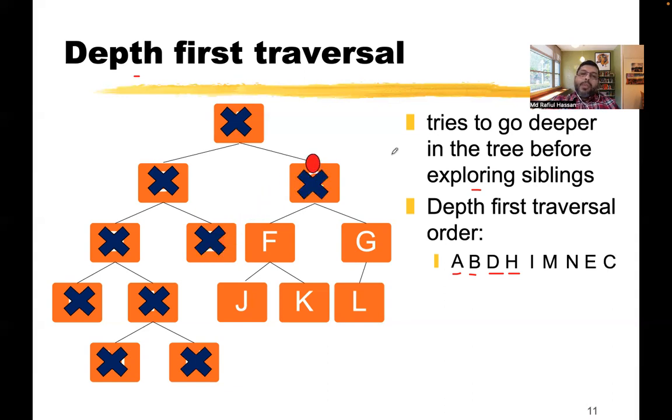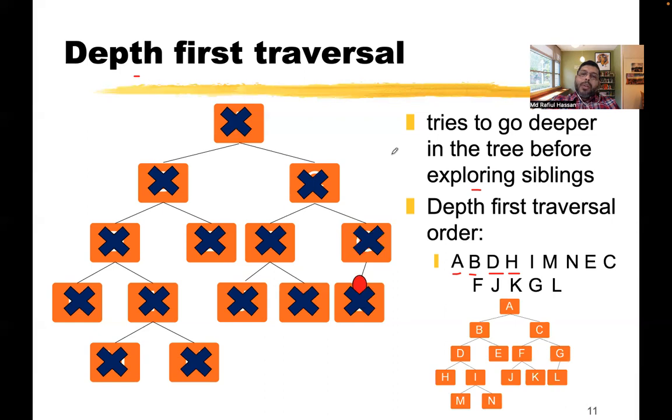From C it will go again to the left, F, then again left, J, then sibling K. Now K does not have any sibling, so you'll go back to G, then it will go to the left child L. That is how in the depth first traversal we will always explore the left child until we reach the depth of the tree.